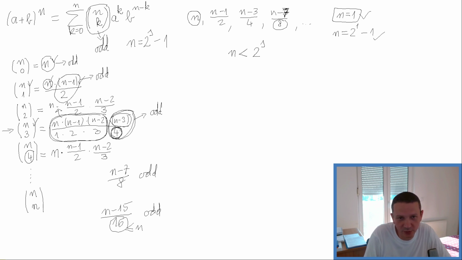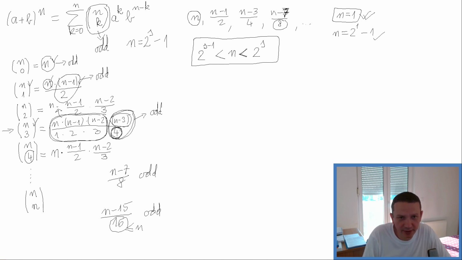Because n is odd, we have strict inequality here, and also we will have strict inequality here, greater than the previous power, 2 to the power of s minus 1. Again, if here is equality, that will mean that we have 2 to the 0 and that n is 1, the case we already observed. So in all other cases, we can assume that n is strictly between two powers of 2, like this.